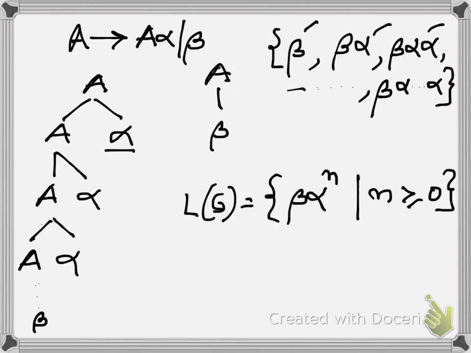So this is the language generated by this grammar: beta alpha to the power n. Now let's keep this and see what the problem with this recursion is. I have A derives A alpha. In a recursive function you will recall that first we check for the base case.